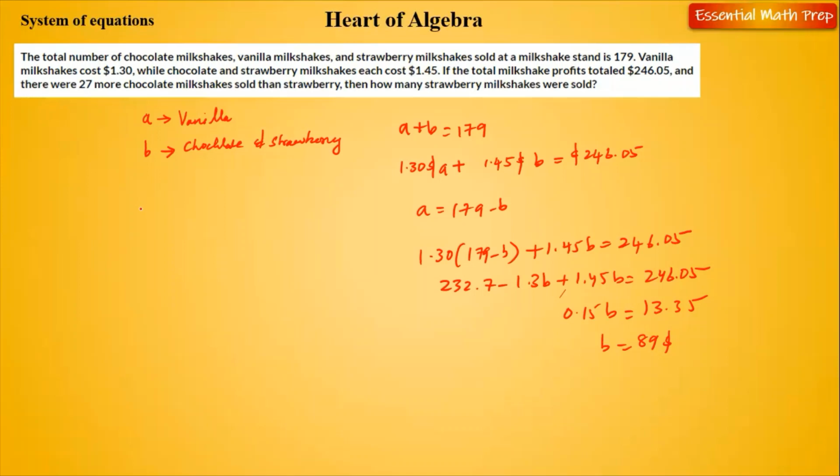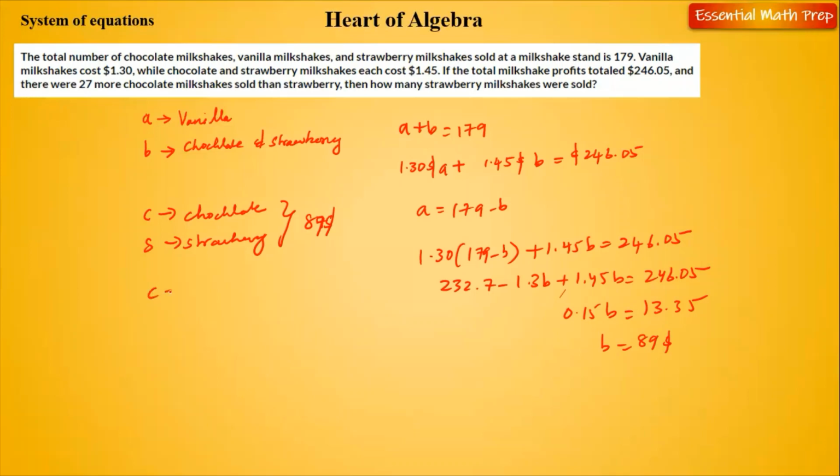But what do we know? We know that there were 27 more chocolate milkshakes than strawberry. So let's say C corresponds to chocolate milkshakes and S corresponds to strawberry milkshakes. These two combined add up to a total count of 89, okay? And we know there are 27 more chocolate milkshakes, right?